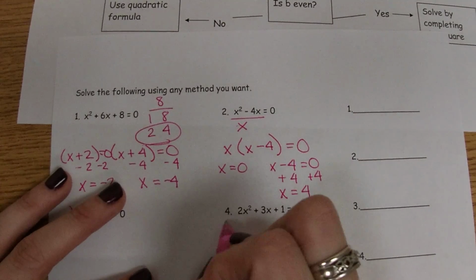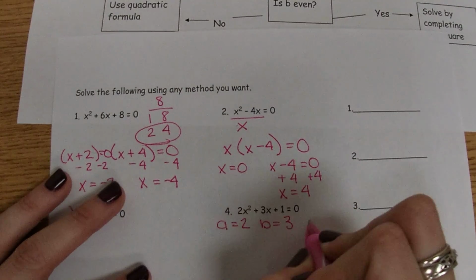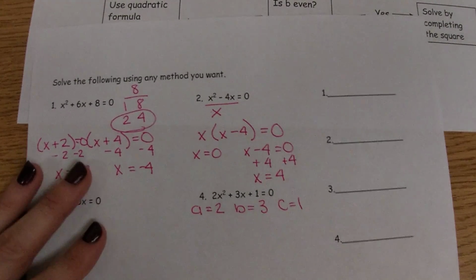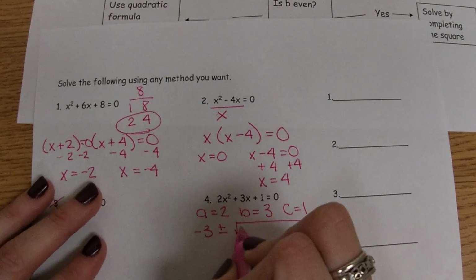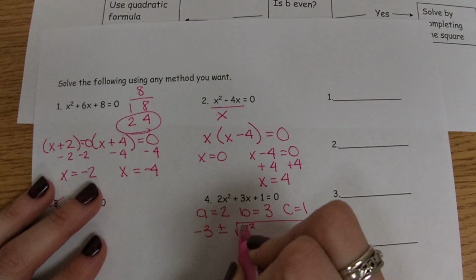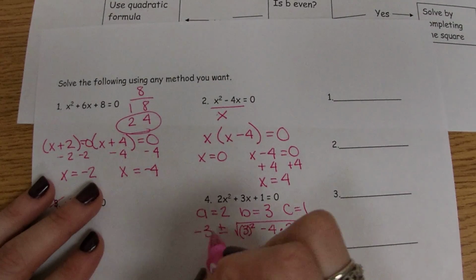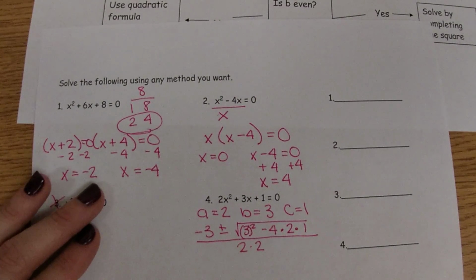Okay, so it's already set equal to 0. So we'll have a equals 2, b equals 3, c equals 1. So we'll say -3 plus or minus b squared, so 3 squared, minus 4 times 2 times 1, all over 2 times 2.